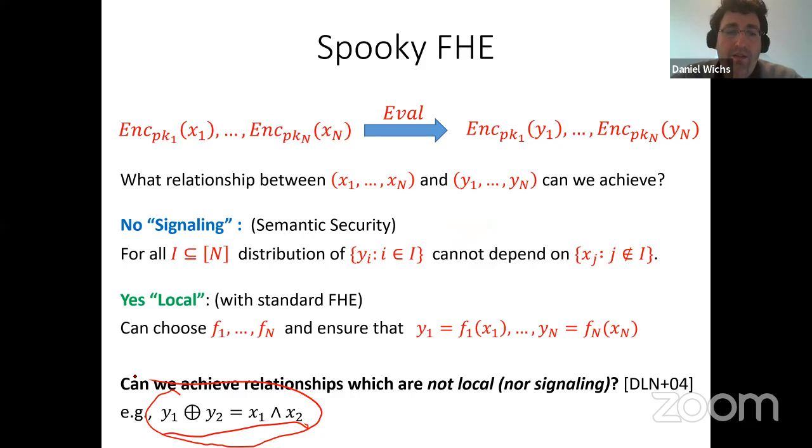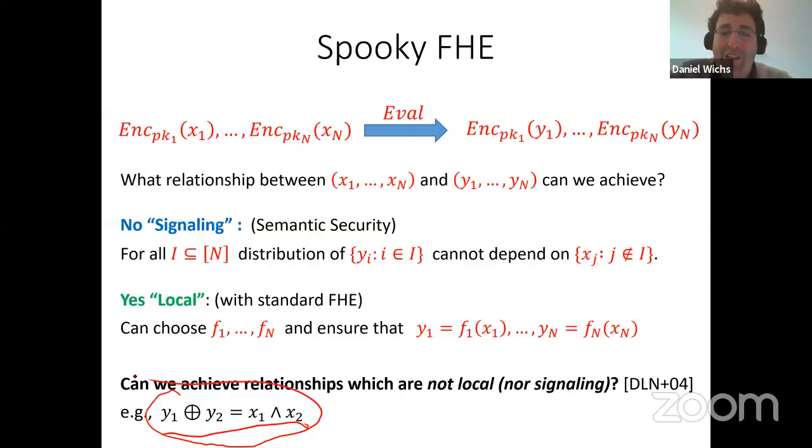So the question is, with the restriction of standard encryption security, what kind of correctness property, what kind of relationships between the encrypted inputs and the encrypted outputs can we generate? In fact, this was originally asked in the context of not wanting to generate interesting relationships.